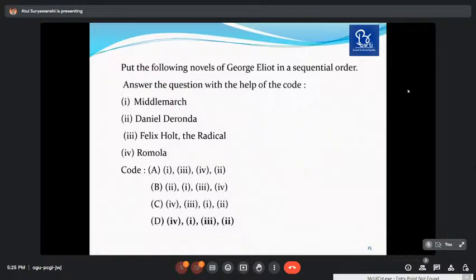We have to study it as per the chronological sequence of the writing. So I again request you to see the chronology, recite, study, learn the publications of certain novels, certain works, so that our concept will be very clear during the exam.